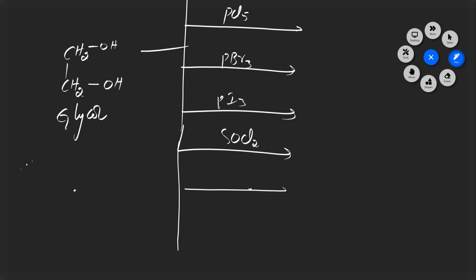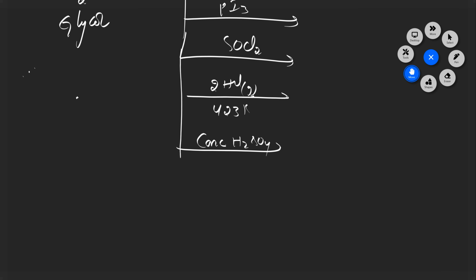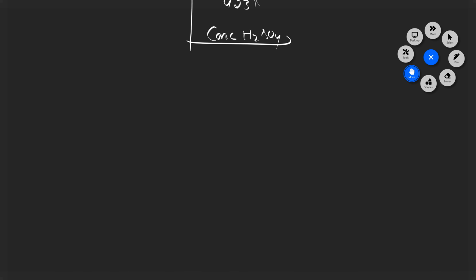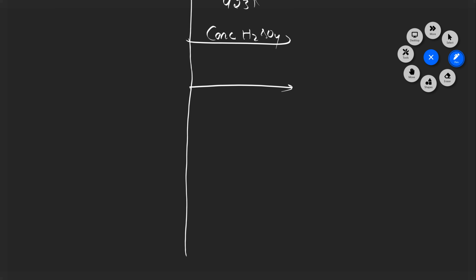And also reacting with 2 moles of HCl gas at 423 Kelvin and concentrated H2SO4. And nitration mixture: concentrated H2SO4 and concentrated HNO3. This mixture we can call nitration mixture.